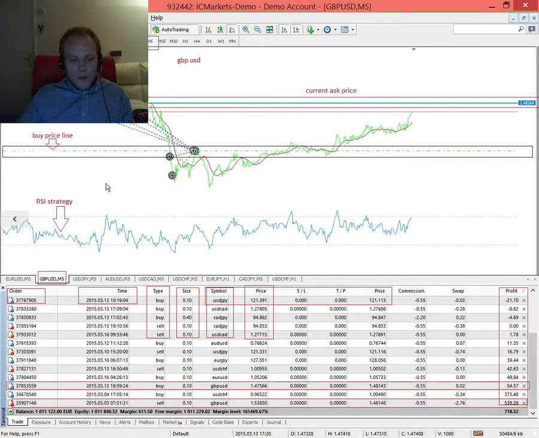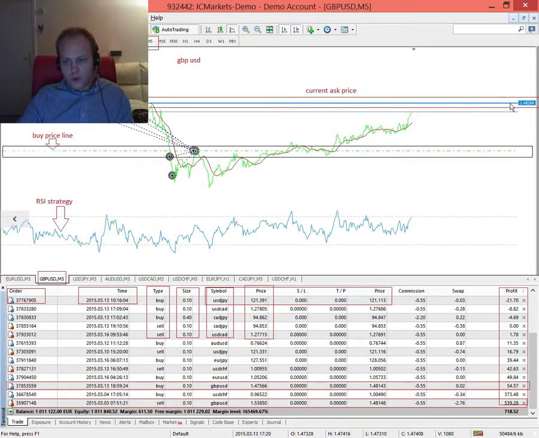What you can see over here is that at the moment the time scale is selected on 5 minutes. This is the GBP/USD currency pair, as you can see, I selected it over here. This is the buy line where it bought the pair GBP/USD. Over here is the current ask price.